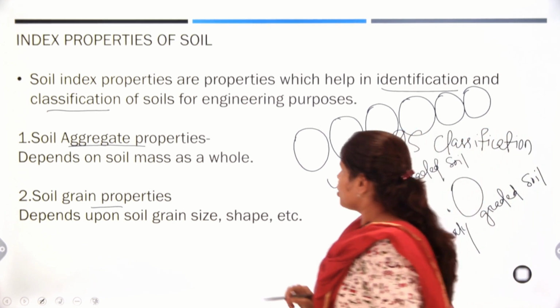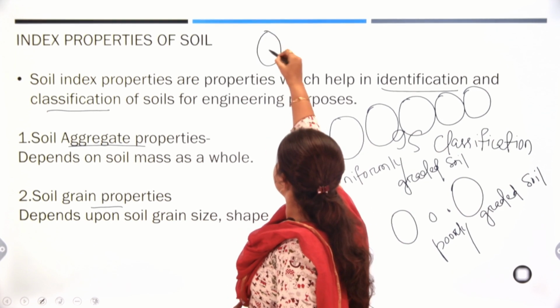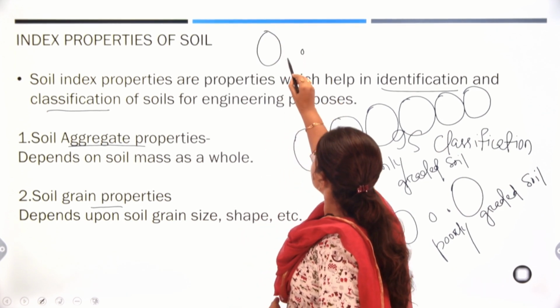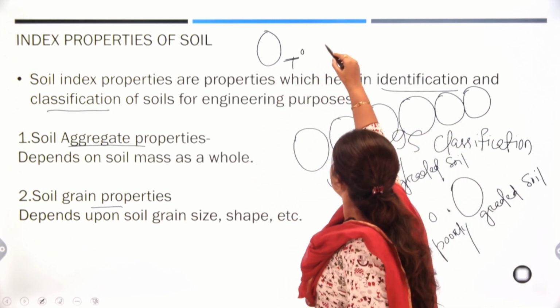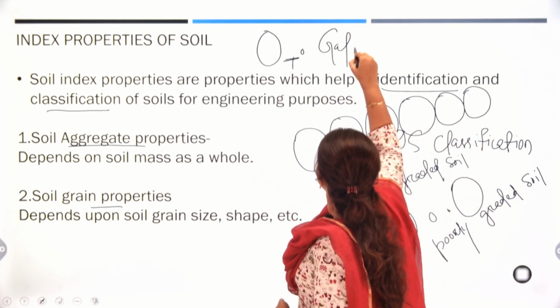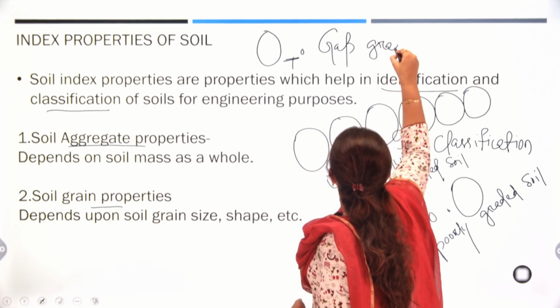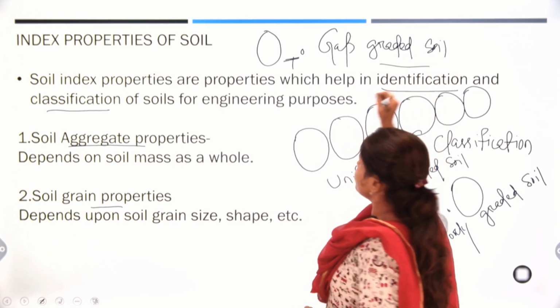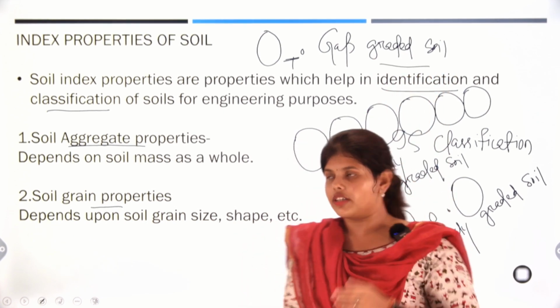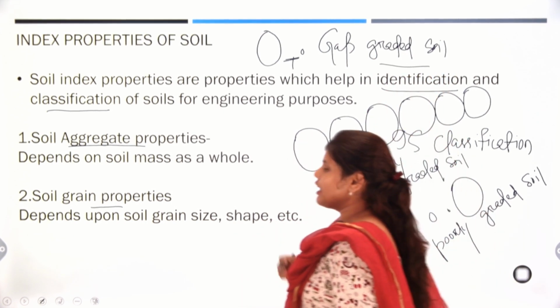If a bigger size and a smaller size are present, but the medium sizes are missing, it is termed gap graded soil. This part we will also discuss later in a better way.